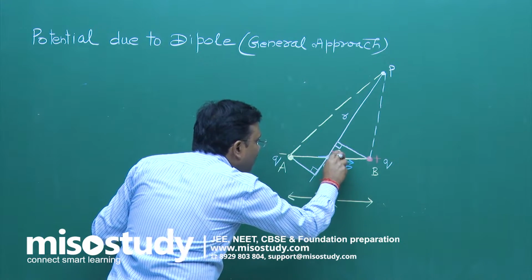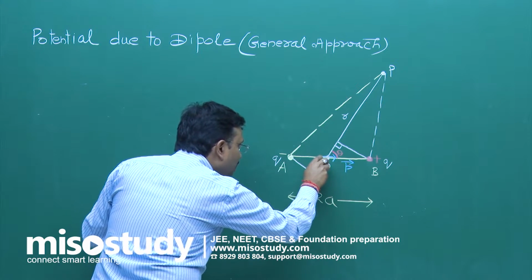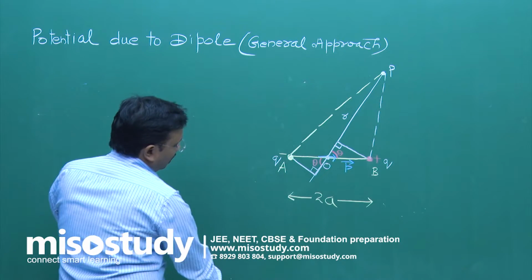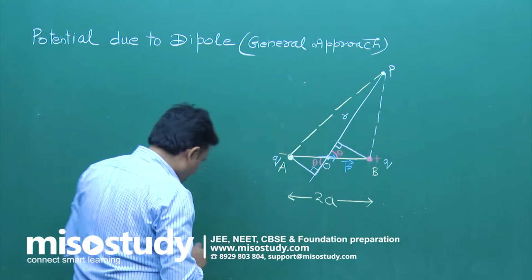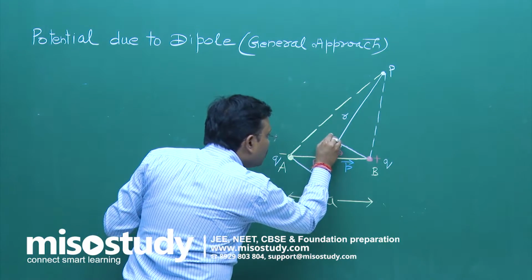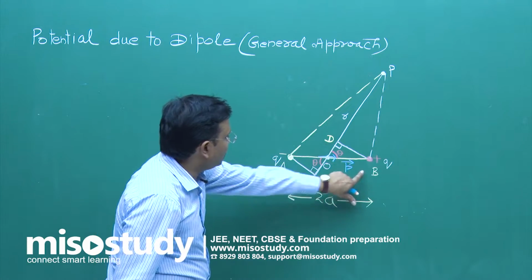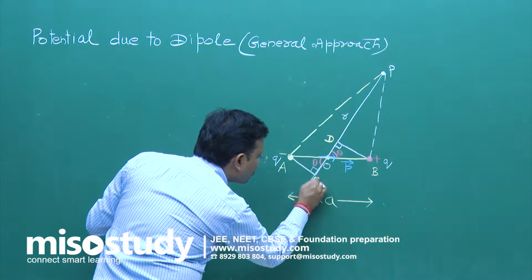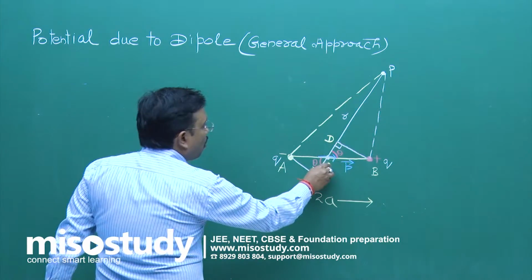One is this angle theta, another is this angle theta. Fine. Now let us say the name of this point is D, DB. And let us say the name of this point is C, AC, OP, PB, PA.